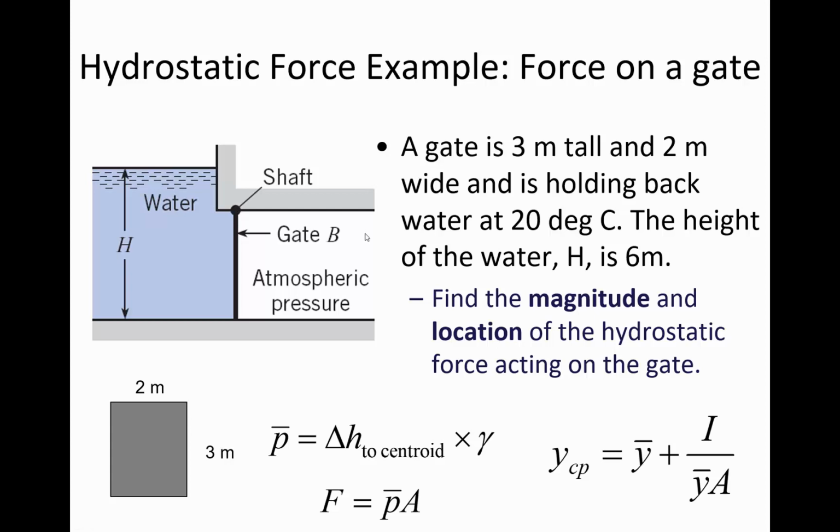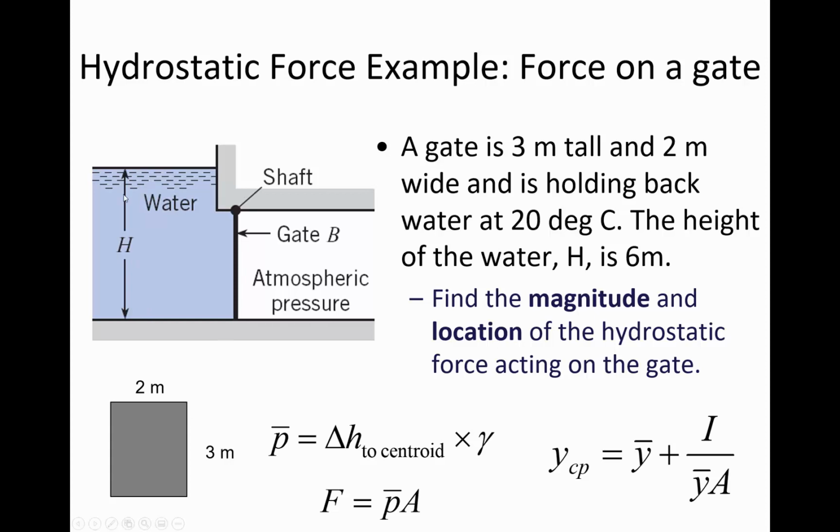Okay, so it says it's holding back water at 20 degrees Celsius. So that tells us the unit weight is 9790 newtons per meter cubed. And the height of the water, H, is 6 meters. So from the water surface to the bottom of this tank is 6 meters. So the gate itself is 3 and H is 6.